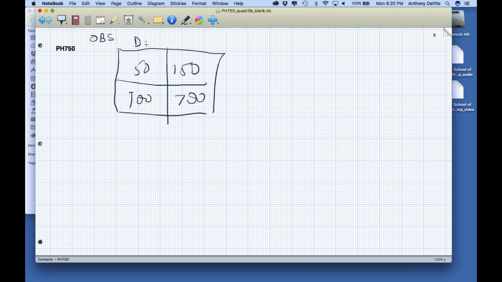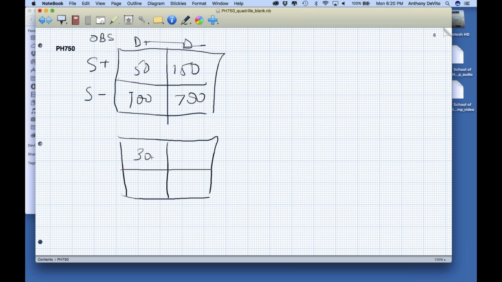That's disease plus, disease minus, and smoking plus and smoking minus. And my expected values were 30 and 170, 120 and 680. Disease plus, disease minus, smoking plus, and smoking minus.